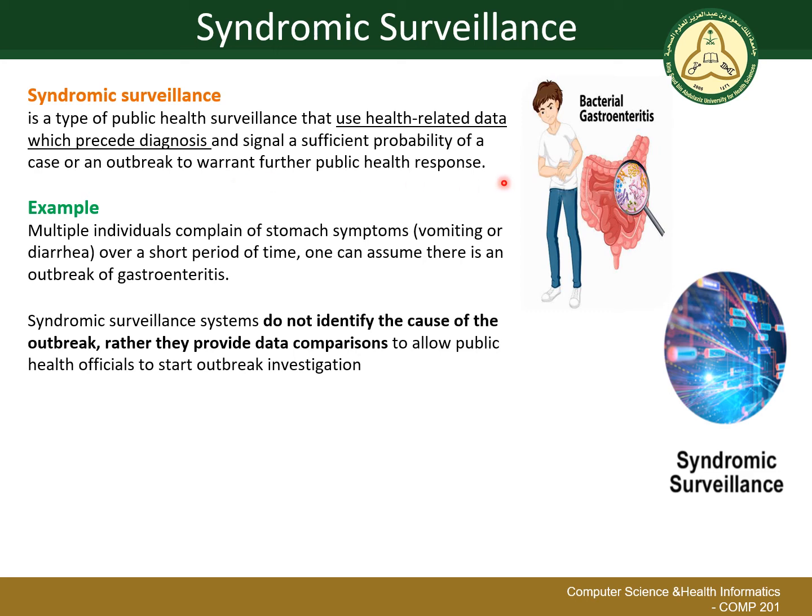The syndromic surveillance, مراقبة معلومات خاصة بالمعلومات أو بيانات الصحية تسبق التشخيص. هذه المعلومات تكون كافية لإعطاء إشارة باحتمالية وجود تفشي لوباء أو لحالة مرضية معينة، وتحذير وزارة الصحة أو any public health agency to take a response for that.